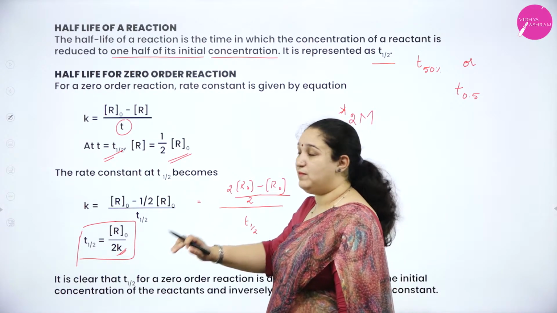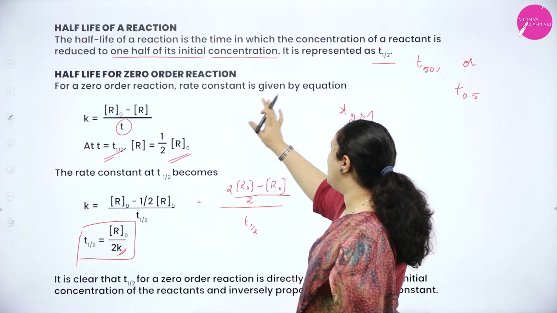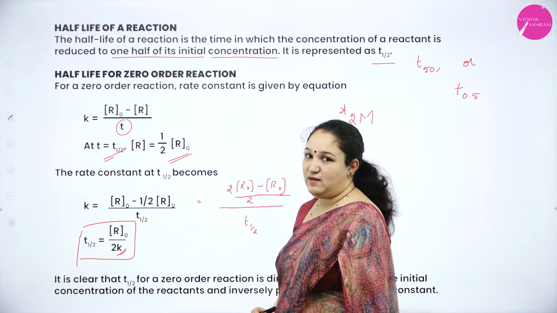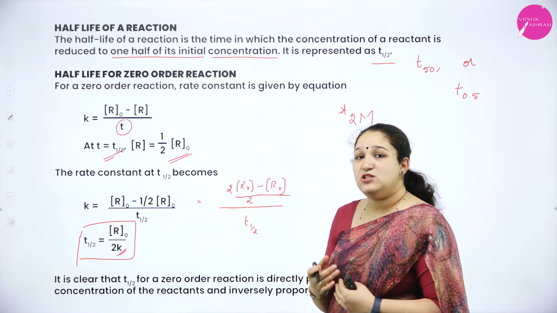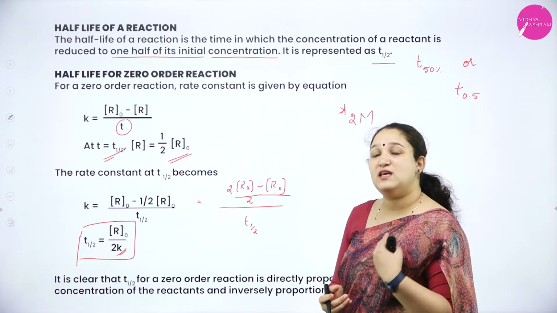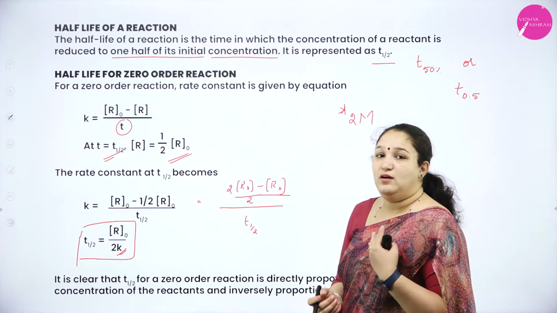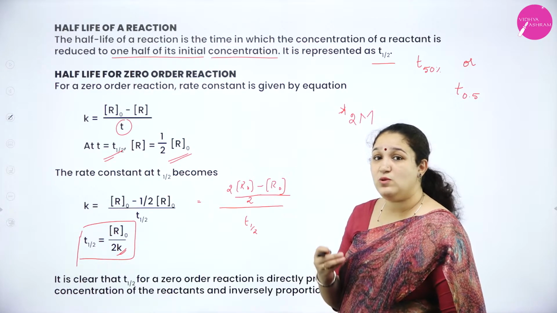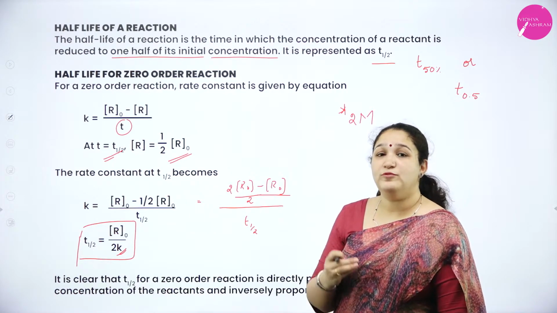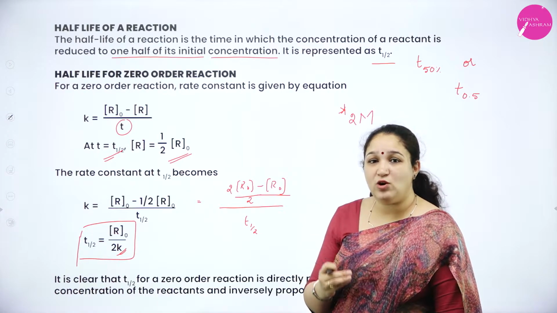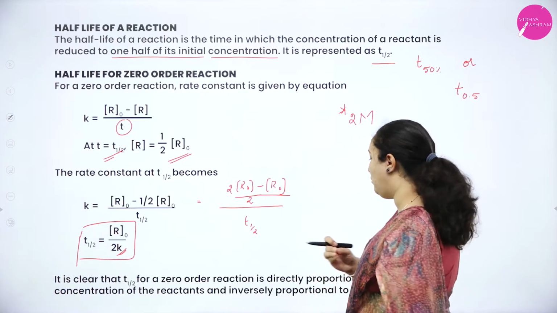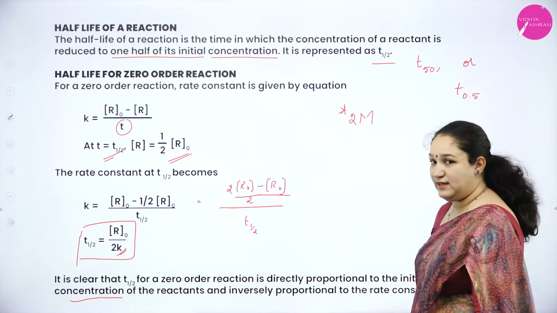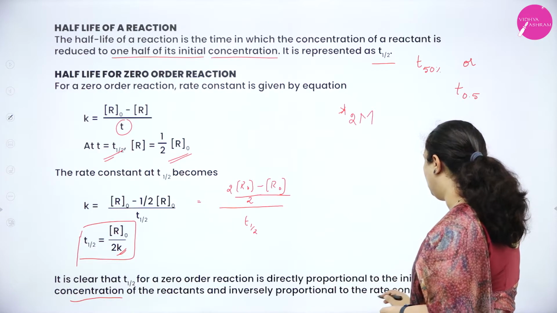So you have to start from here. For a zero order reaction, the rate constant is given by the equation, and then you have to write the entire derivation. Sometimes, just to confuse you, instead of asking the direct question like derive an expression for half-life of a zero order reaction, they can also ask: prove that half-life of a zero order reaction is directly proportional to the initial concentration of the reactants and inversely proportional to the rate constant.